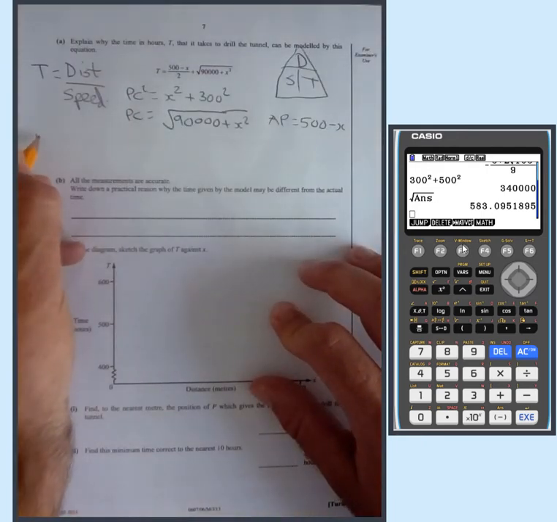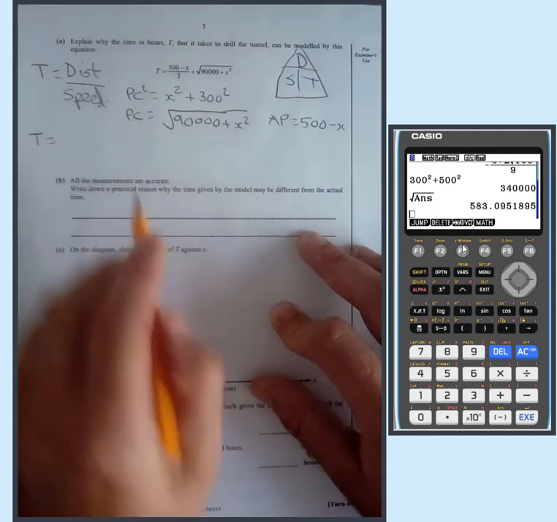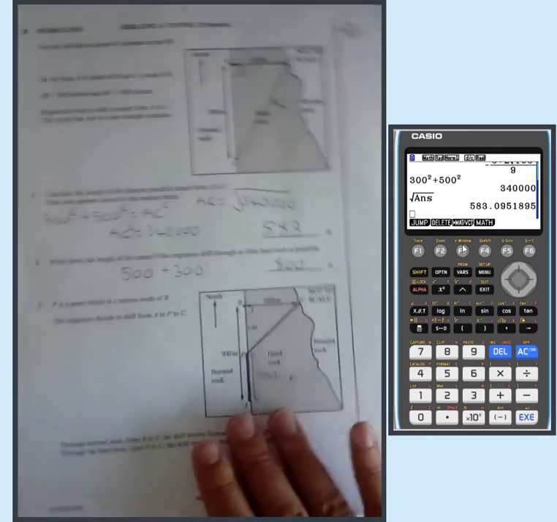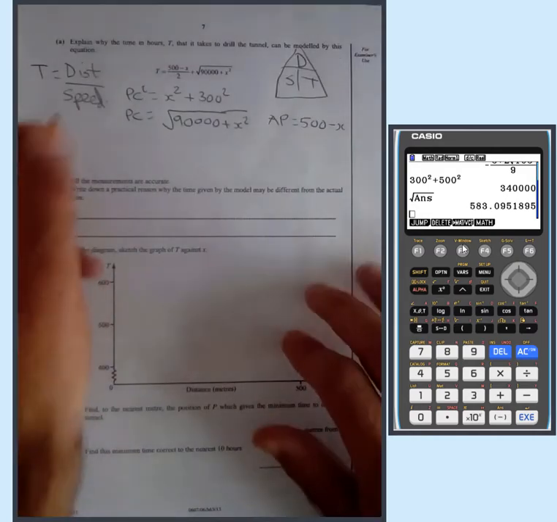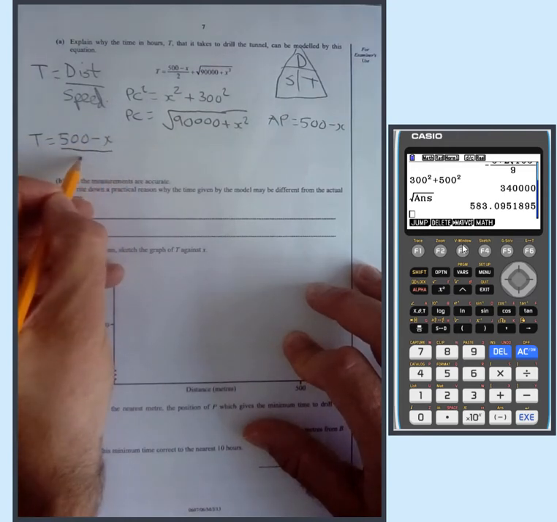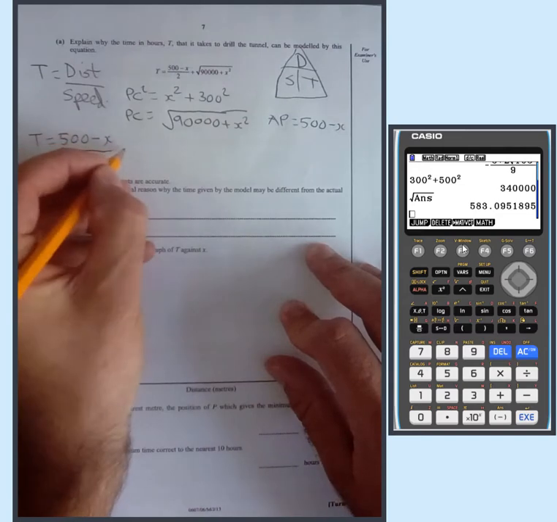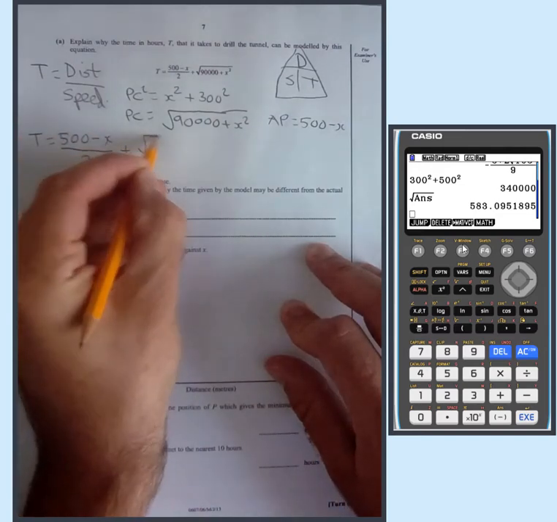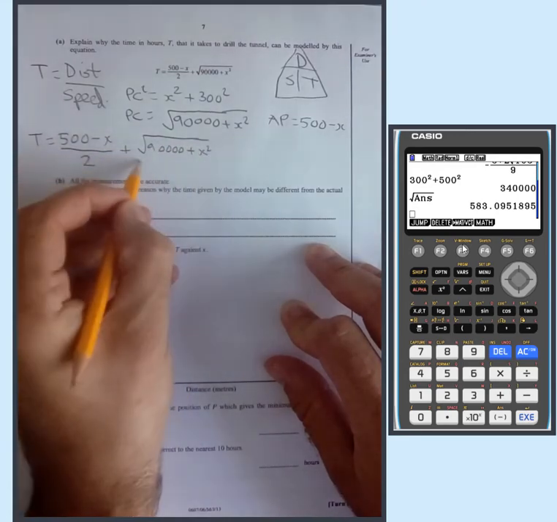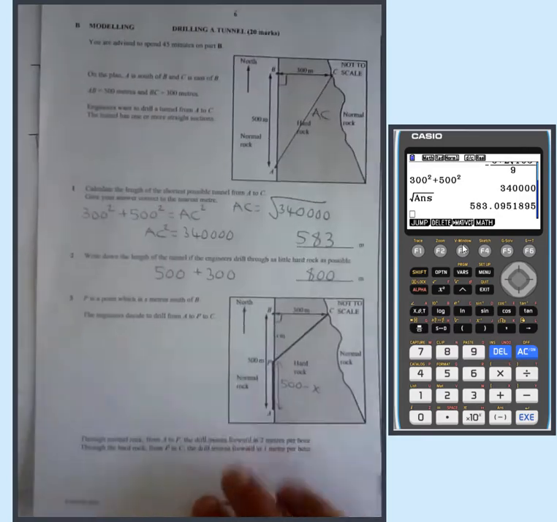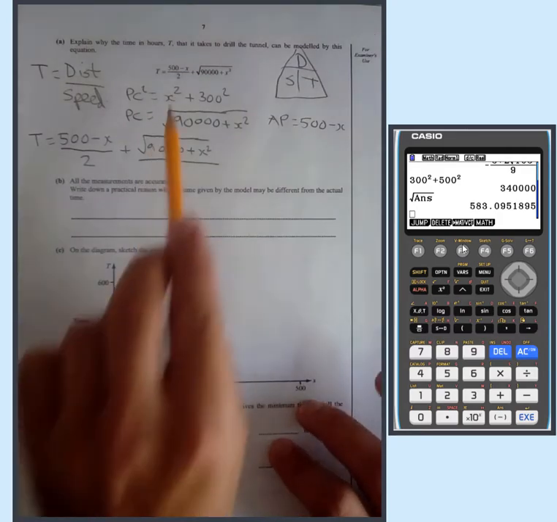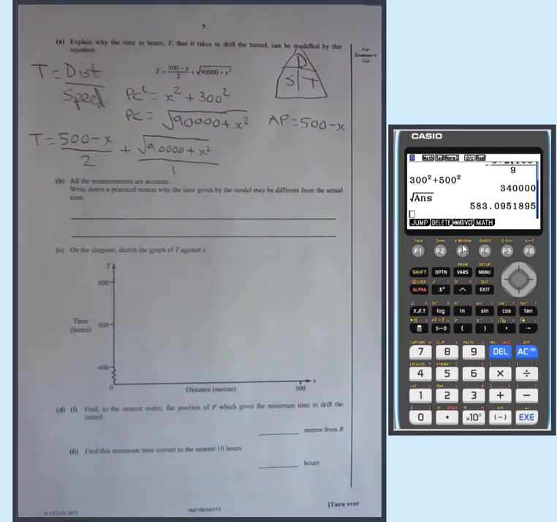So time is going to be the distance 500 minus x through the normal rock, remember it does that first, 500 minus x over the speed through the normal rock, which is 2, plus the square root of 90,000 plus x squared over the speed through the hard rock, which is 1 meter per hour, so over 1. And that's why it equals what we want it to equal.